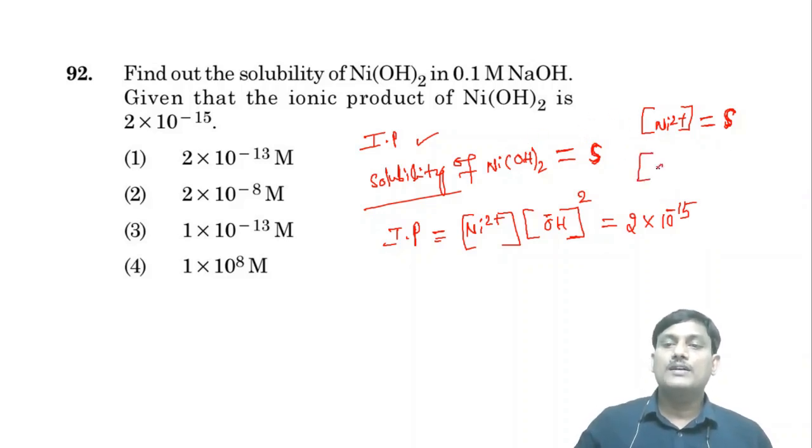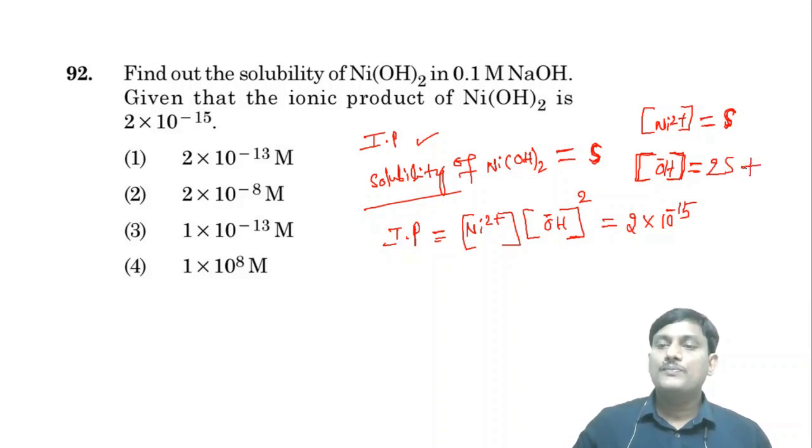Suppose if we take OH minus concentration, if the solubility is S, the concentration of OH minus will be 2S, because here there is Ni(OH)2, so there is 2S.